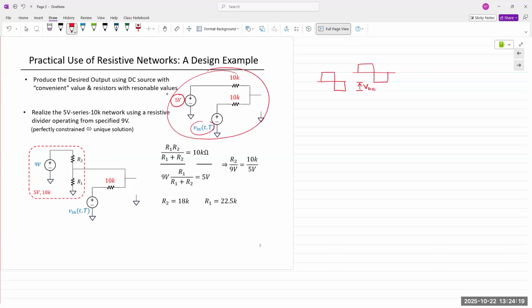We have our V in of t, and we are supplying it at the output terminals. The choice of resistors is arbitrary because we haven't been provided any other information. If no information is provided, you can make assumptions.